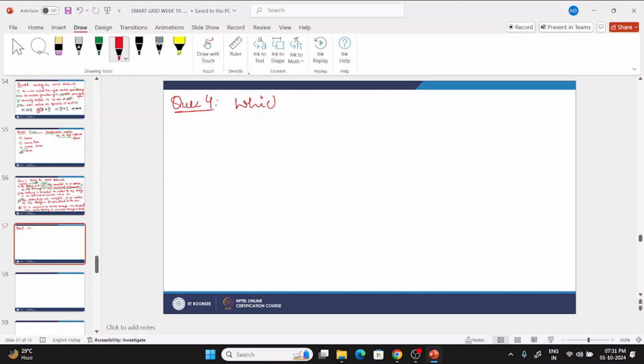Which of the following is true for an underexcited synchronous generator? Okay, now we have already solved this kind of question before. There is no need to. I will write it in the grid, microgrid.